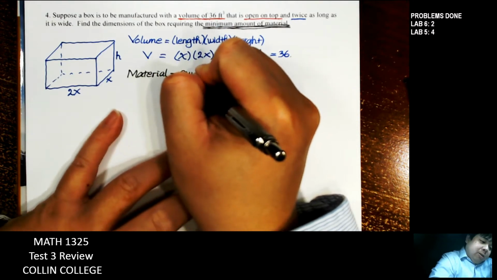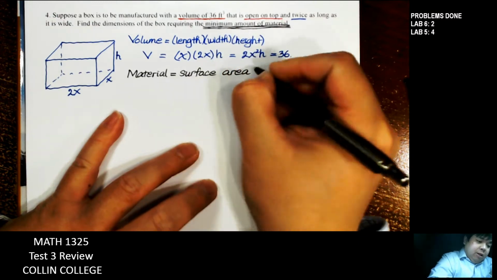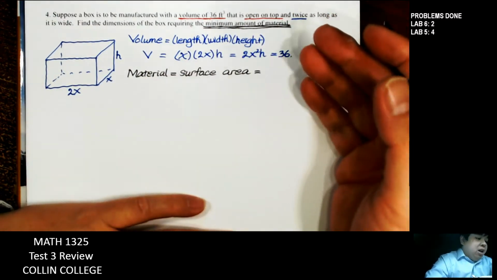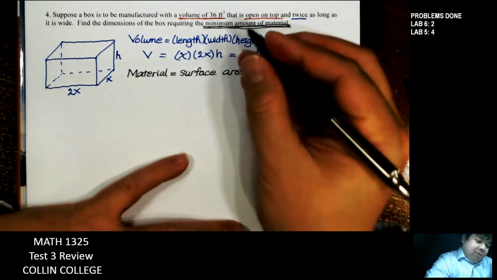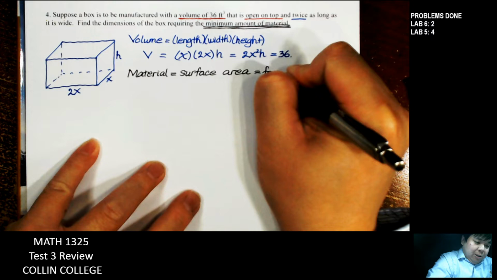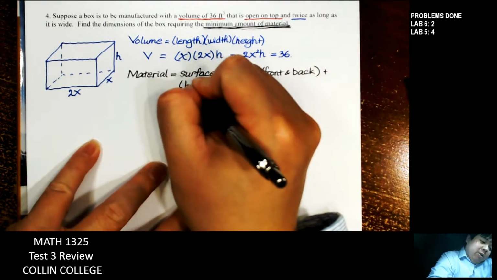So what do we need to make the box? That would be the surface area.